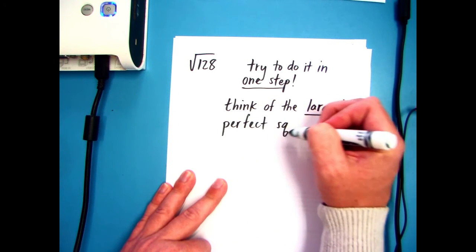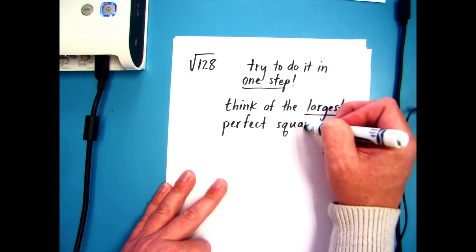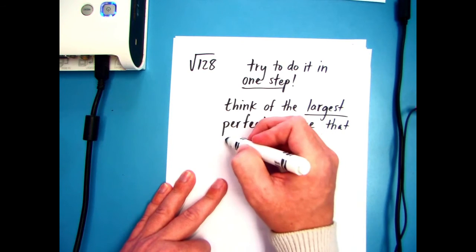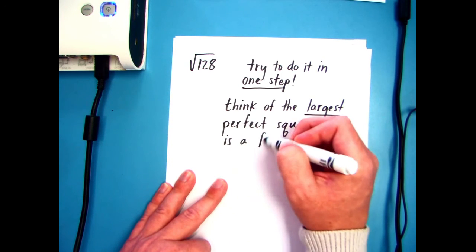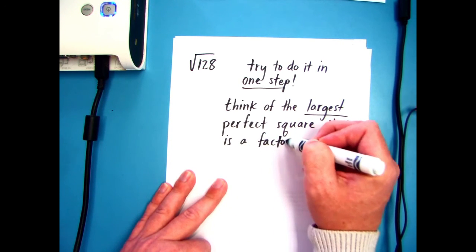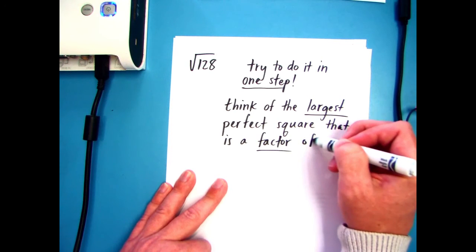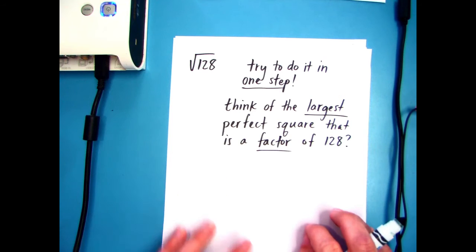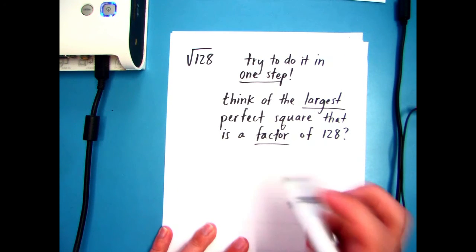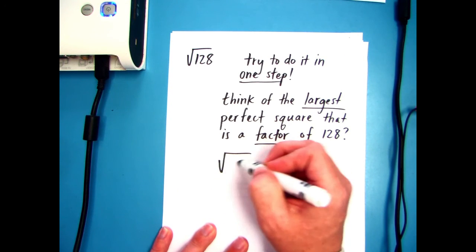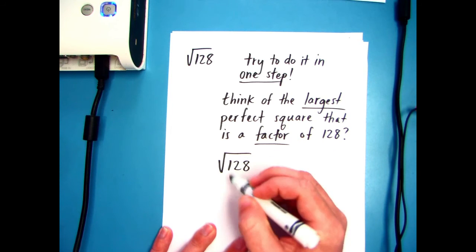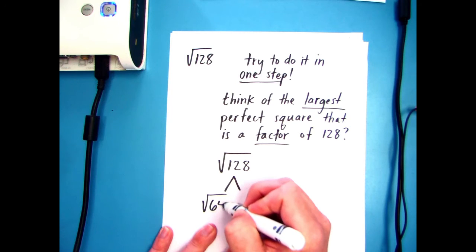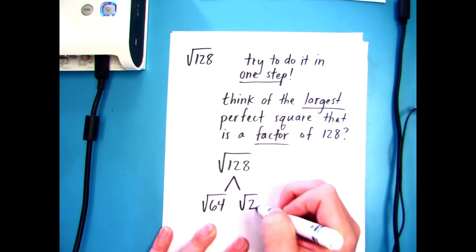When we did the problem just now, the first number we chose was 4. Let's try to do it again, but think of the largest perfect square that is a factor of 128. Well, that number is 64. 64 is the largest perfect square that is a factor of 128.